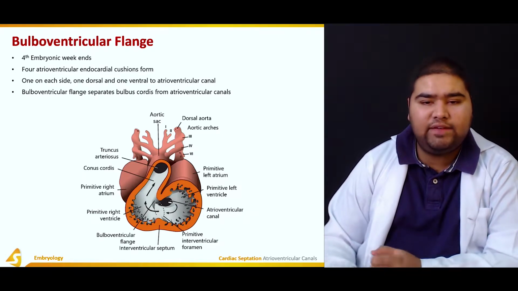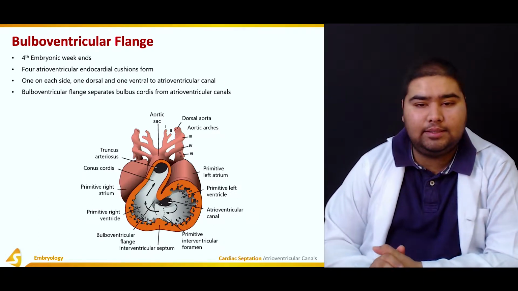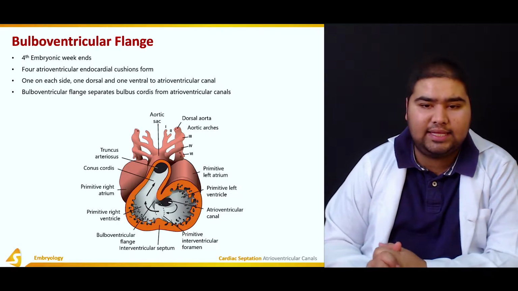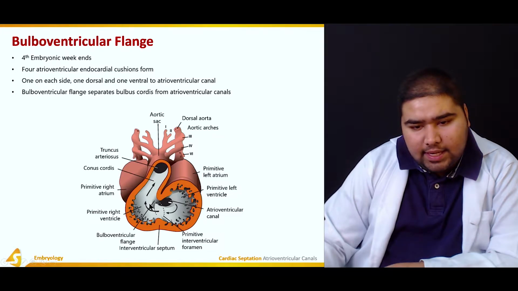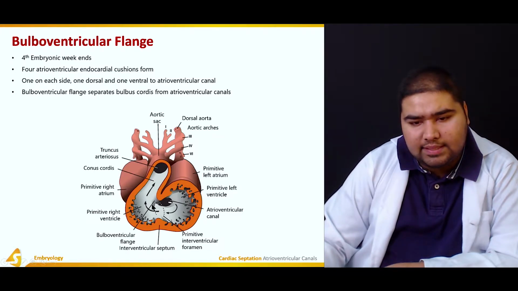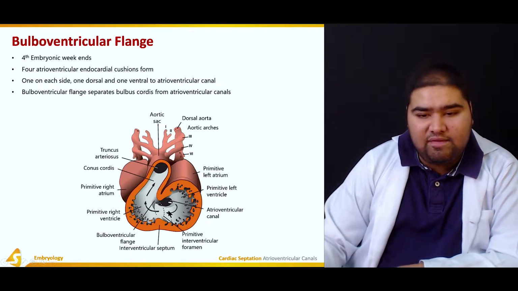Now, the bulboventricular flange is a mesenchymal area that separates the bulbus cordis from the AV canals.